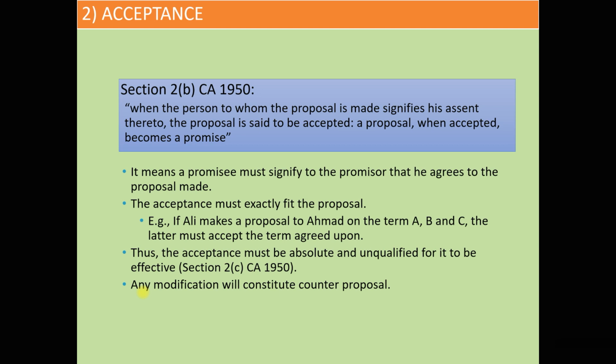What is needed in the proposal must be fulfilled by the promisee. If, for example, the promisor wants A, the promisee must accept A as well. It cannot be B or C, right?